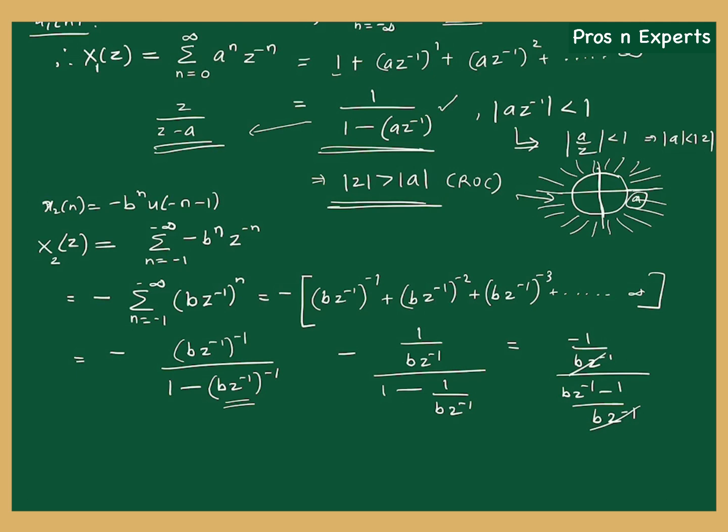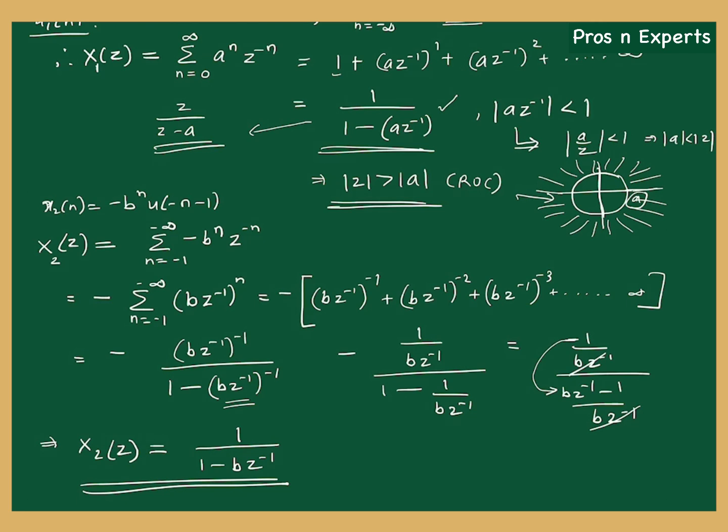Readily we can cancel these terms. So this will give us X2 of z, here it is a minus, right? I can take this minus to multiply this term, which will give me the answer as 1 by 1 minus b z inverse. So this is the z transform of the second term, which is nothing but minus b raised to n of u of minus n minus 1. See, here the minus comes in the signal, but the transform has no negative, it is positive.